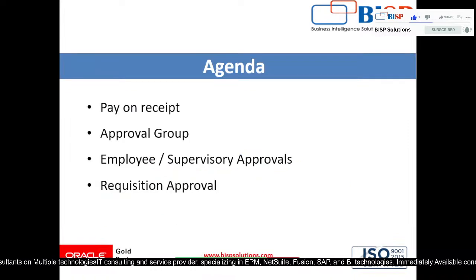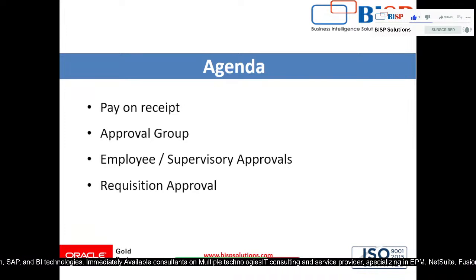So this is our today's topic: pay on receipt, approval groups, and the employee and supervisory approval. We'll see how to perform the supervisory approval, like we have the managers and senior manager. So the approval goes to the manager, and the same way the approval goes to the senior manager, and how they approve.